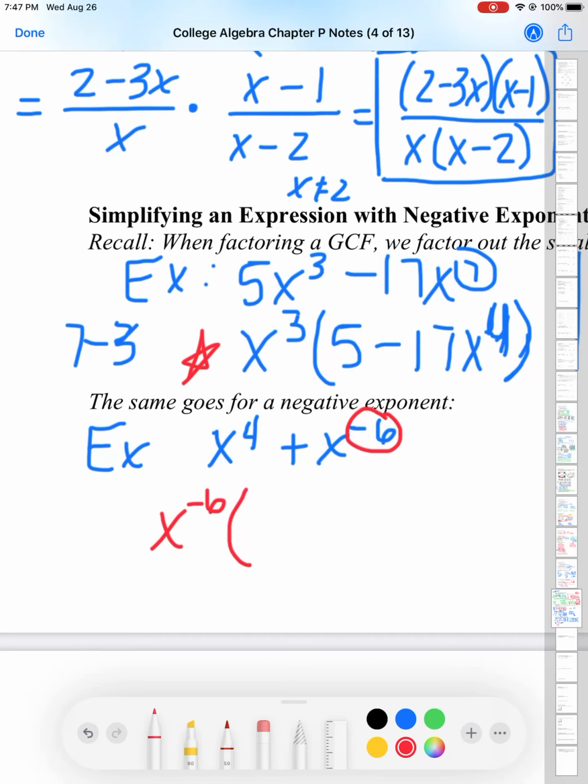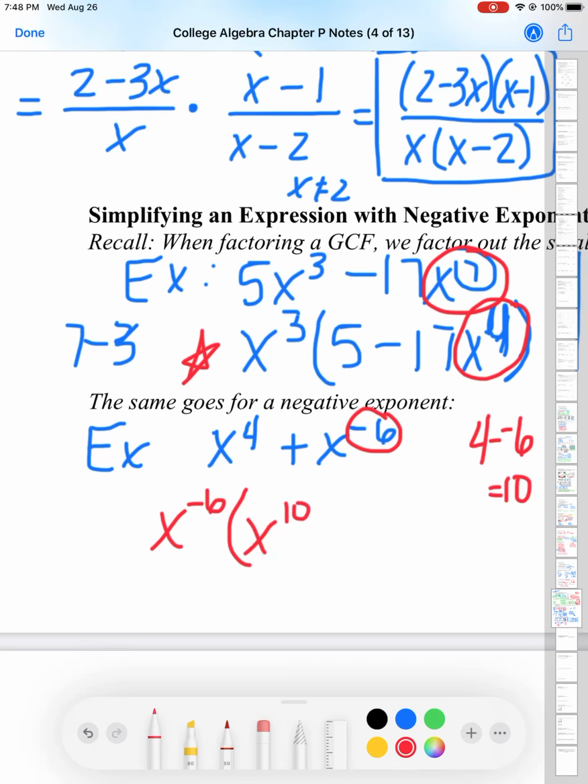So we're going to factor out x to the negative 6. And then when we were figuring out how to get the remaining exponent from x to the 7th, we subtracted. So we're going to do that again. 4 minus negative 6 gives us 10.